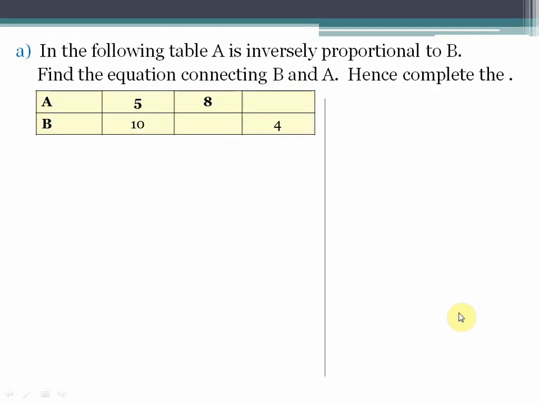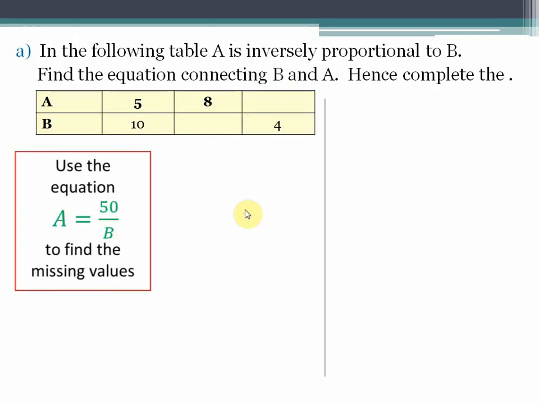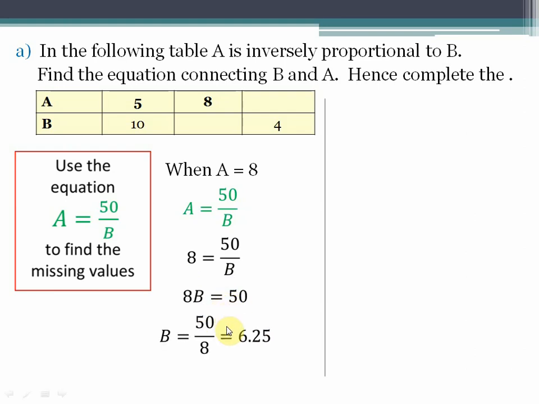So moving on, we use the same equation a equals 50 over b to find the missing values. When a equals 8, we substitute it in the equation: 8 equals 50 over b. Now we can multiply b with 8, and b equals 50 divided by 8, which becomes 6.25.